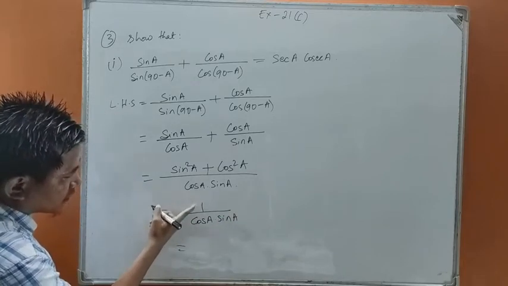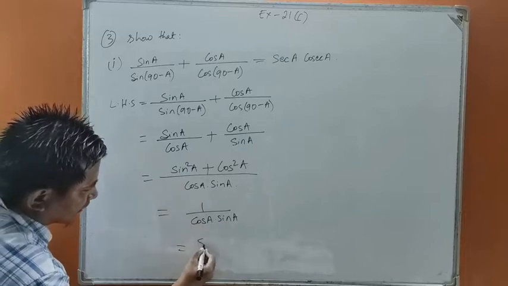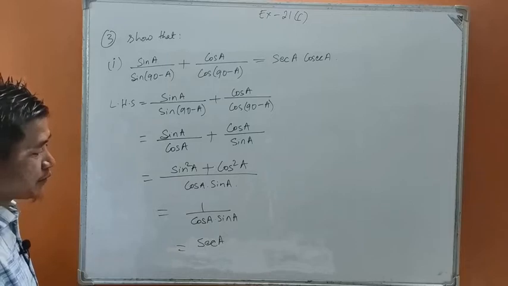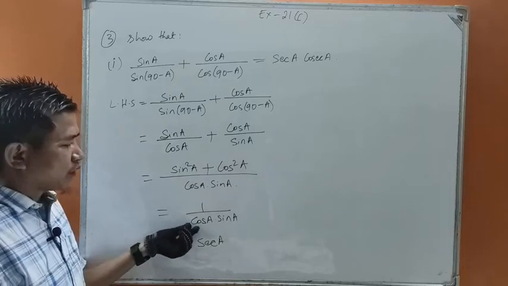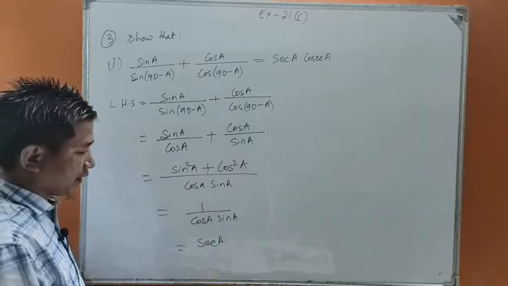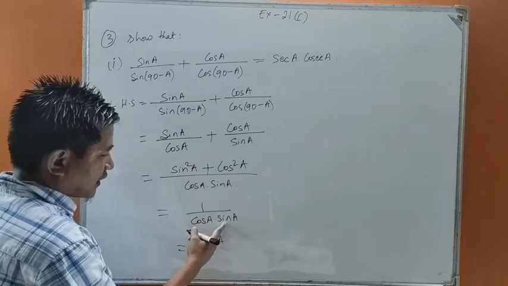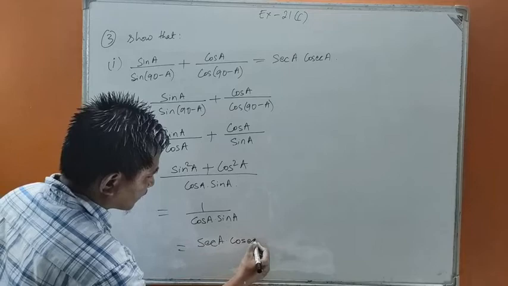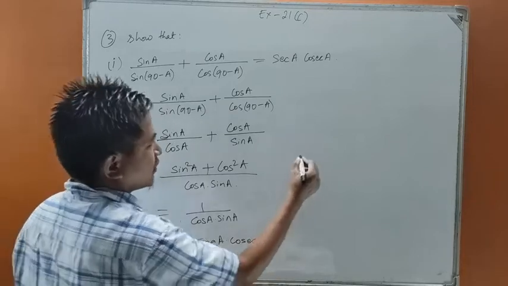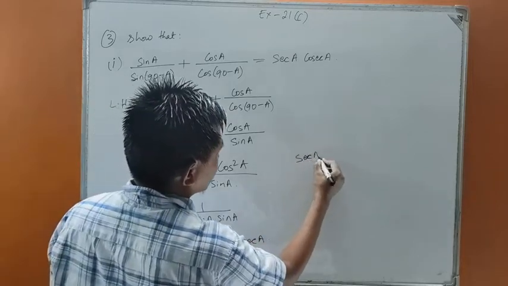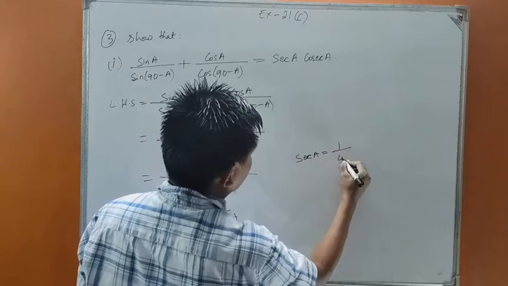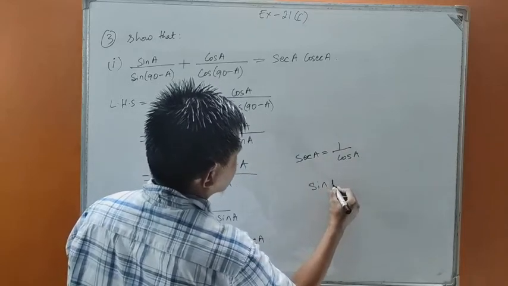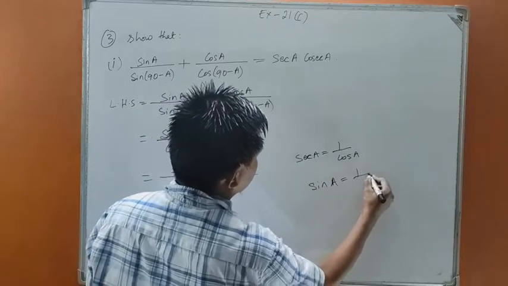So this cos a when taken to the numerator becomes sec a, because cos a and sec a are reciprocal of each other. So cos a when taken to the numerator becomes sec a, into this sin a when taken to the numerator becomes cosec a, because sec a equals 1 upon cos a and sin a equals 1 upon cosec a.